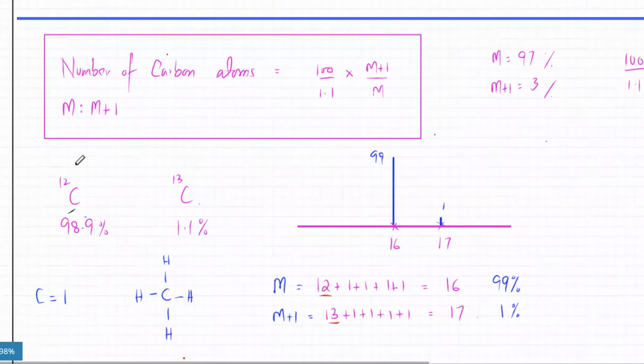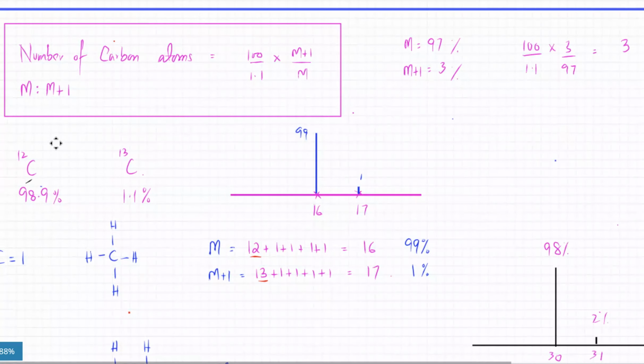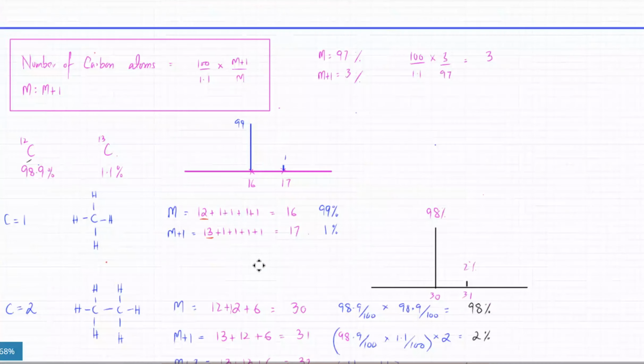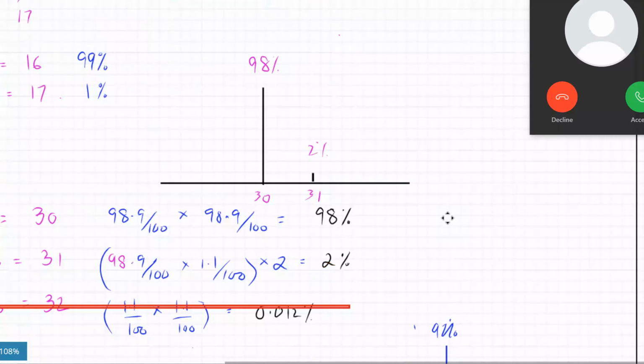you use this formula, because the probabilities are never actually going to be given. Just hold on one second.